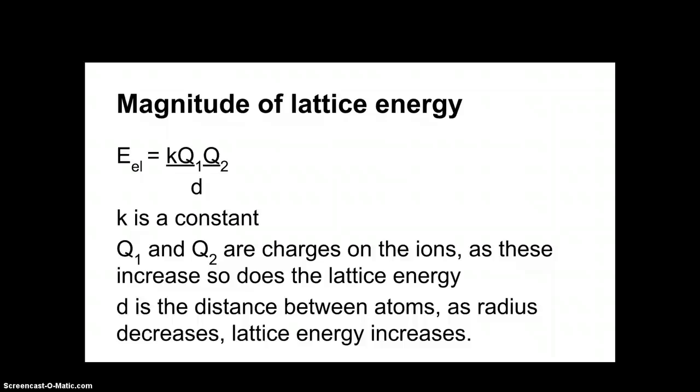As you go to the right across the periodic table, it decreases because of increased nuclear charge, more protons. So D is the distance between atoms, and as that radius goes down, lattice energy goes up because it's our denominator. Okay, so let's take a look at an example question that could be asked next.